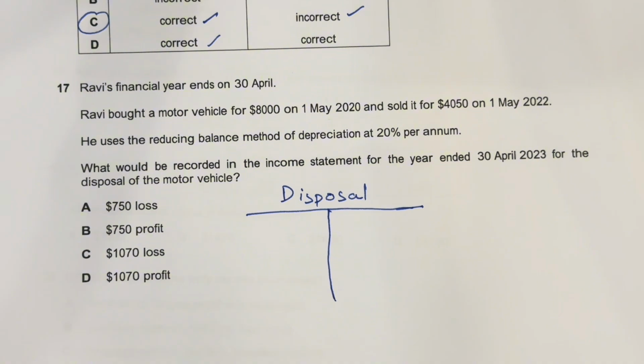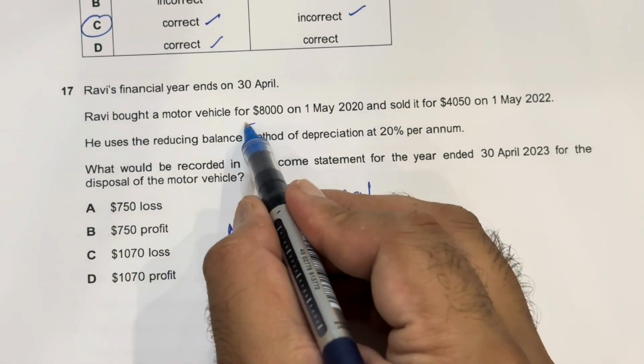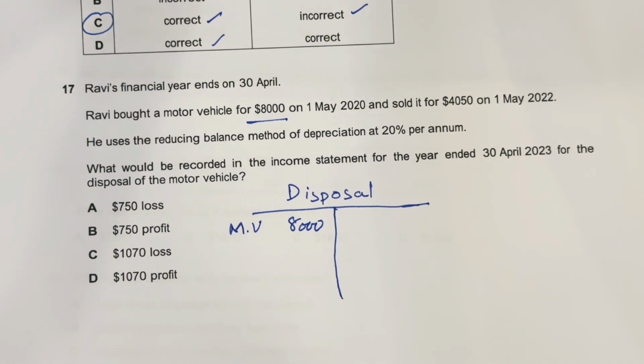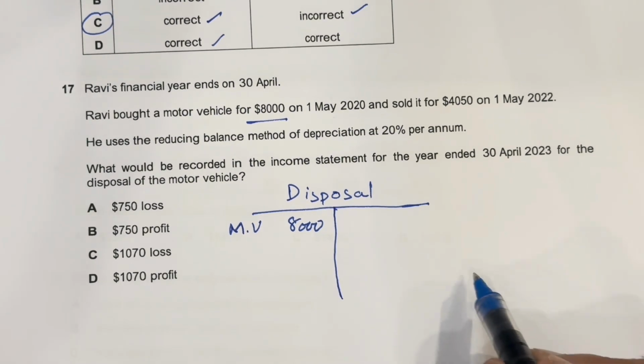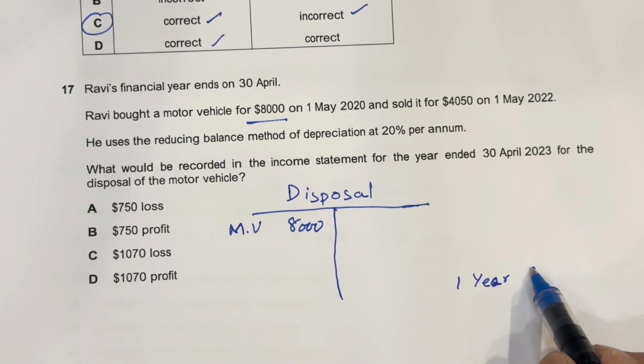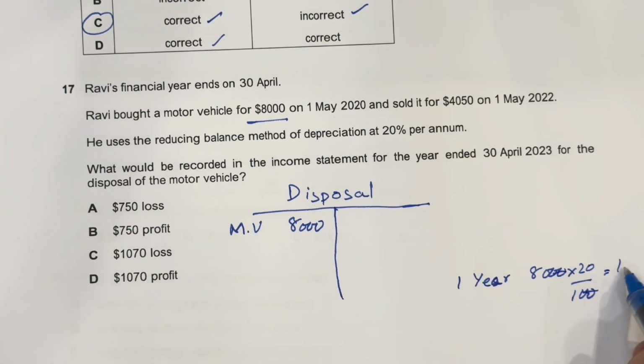It's a very interesting and important question. We know that we have purchased the motor vehicle at the cost of 8,000. And we need to calculate the accumulated depreciation for those 2 years. For the first year, 8,000 multiplied by 20 over 100, it's 1600.